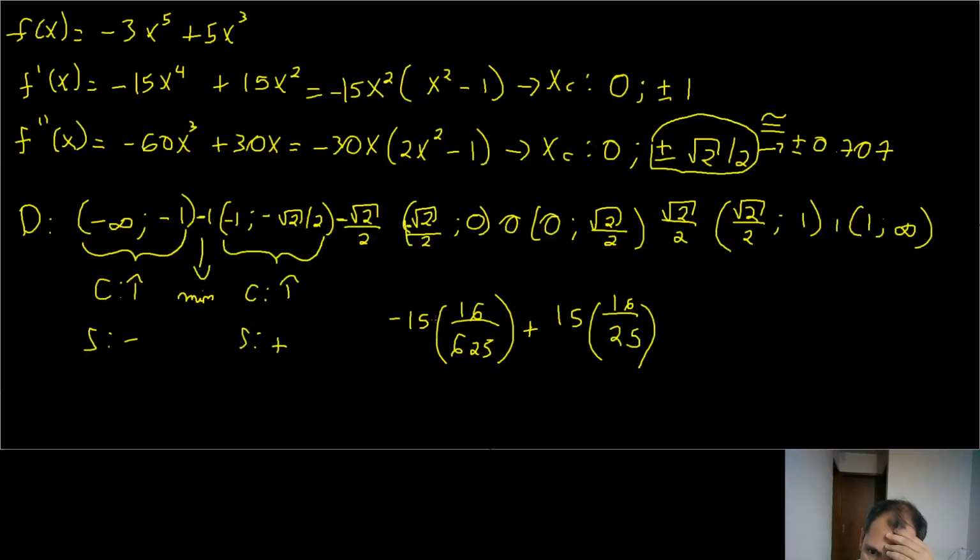Then you have to find out if this is going to be positive or negative. Oh no, this is not going to be 16. It's 4 to the 4th, so it's going to be 256.